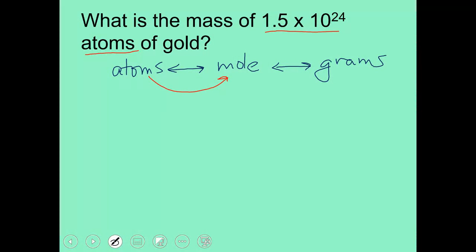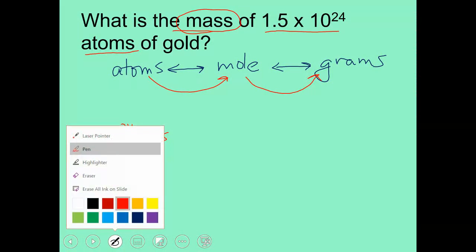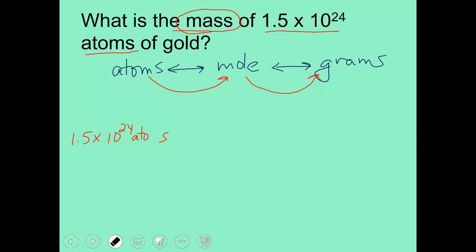We have to convert it to moles, and we're looking for an answer in grams because the label for mass is grams. So then we have to go from moles to grams. We need 2 steps. So we start with the number that we're given. Notice this one only has 2 sig figs. So I'm only going to keep 2 sig figs in my answer at the very end.